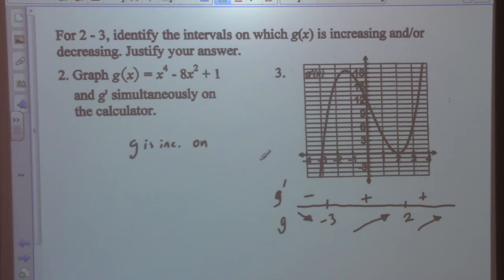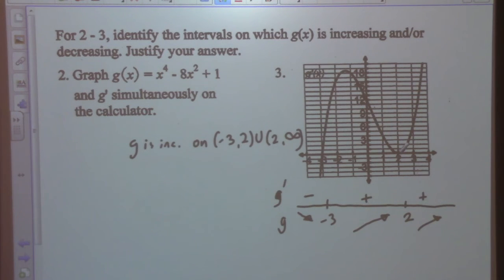On negative 3 to... Now, it's a matter of debate here, because since g prime only apparently goes to 0, you could make the argument that actually this entire thing as a single interval is increasing.